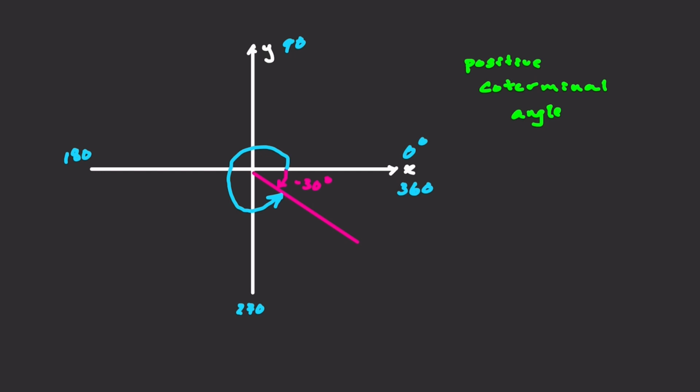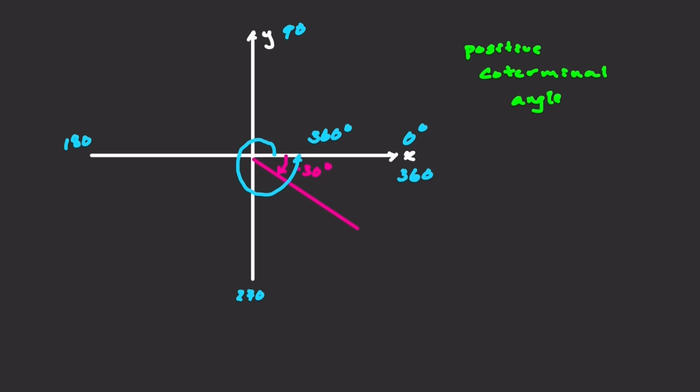But how do we actually get the value? So we do the same thing. We can actually go here, go back around to 360. So at this point, we're at 360 degrees. And then we just need to push it back by this angle, by 30 degrees.